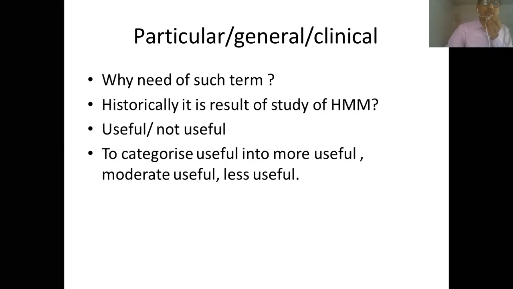Initially, materia medica was just a compilation of the provers' symptoms, and then when they started studying this compilation, they found that all the symptoms are not useful. Everything is not that important. Some symptoms are useful, some are not useful. And in order to study homeopathic materia medica, one must remember the useful symptoms. So that type of study method evolved.